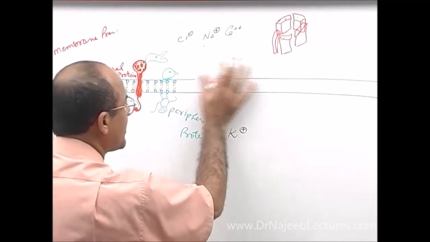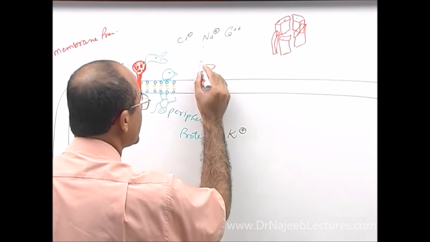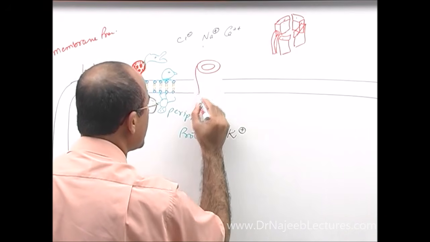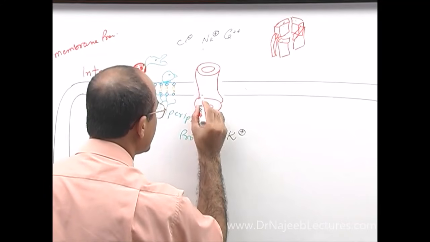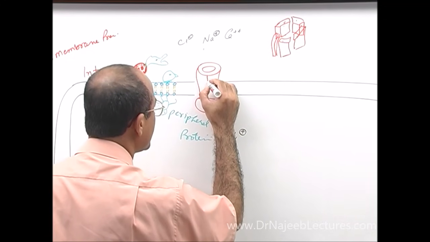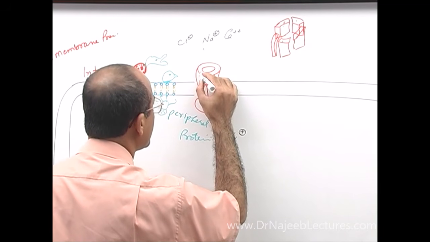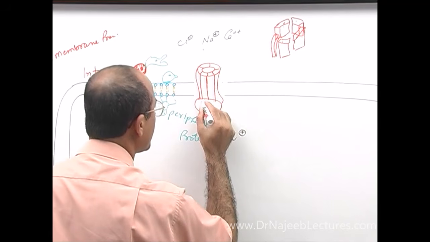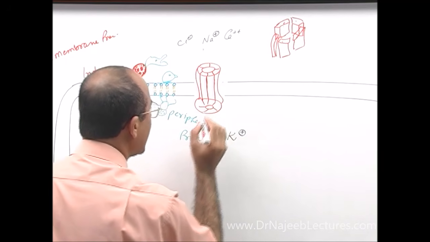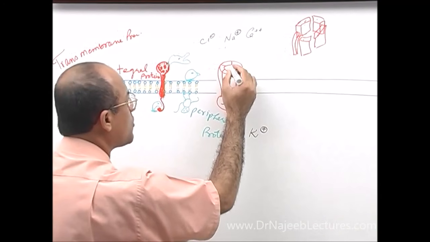Such channels are present in the cell membranes. These channels are made of what? Carbohydrate, proteins or lipids? These channels are made of proteins, amino acids. And this central area is full of what?